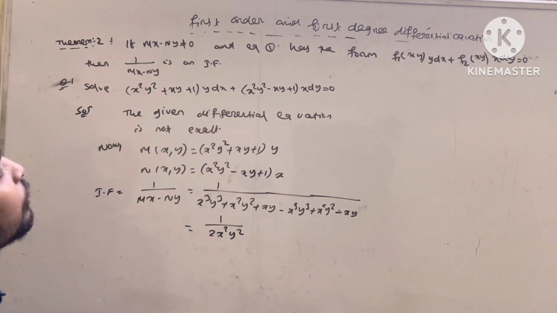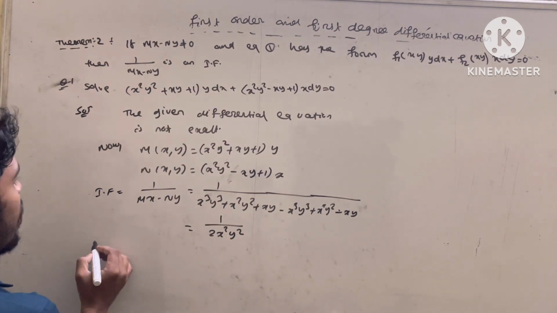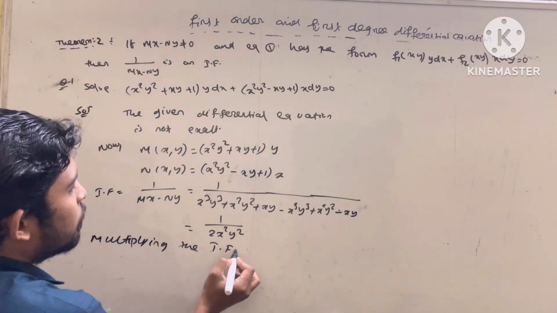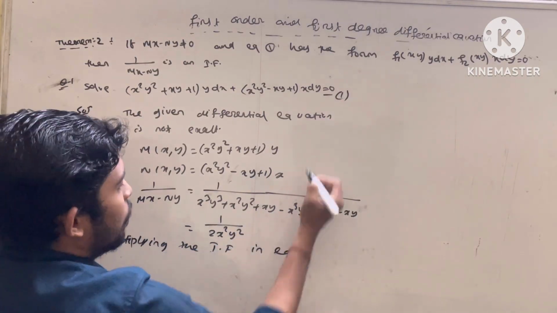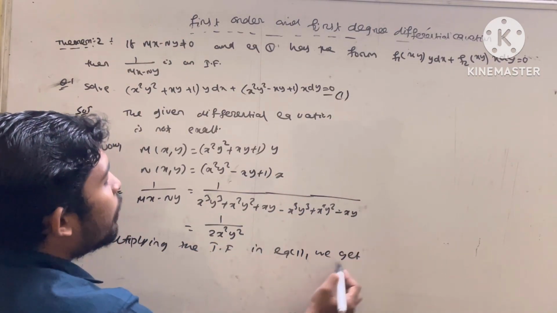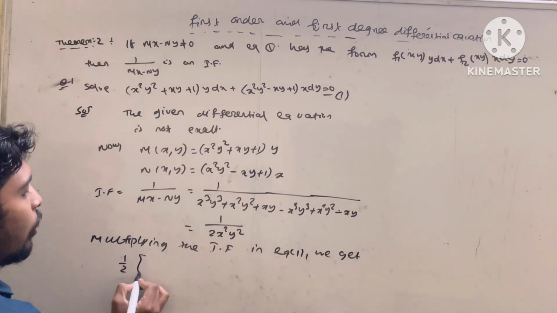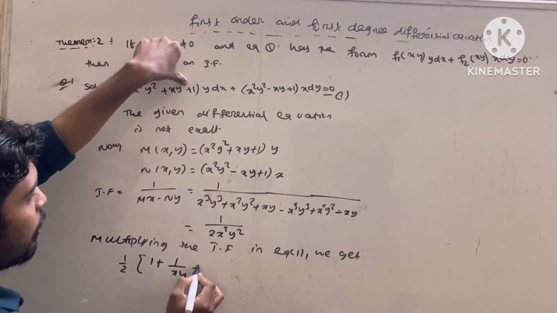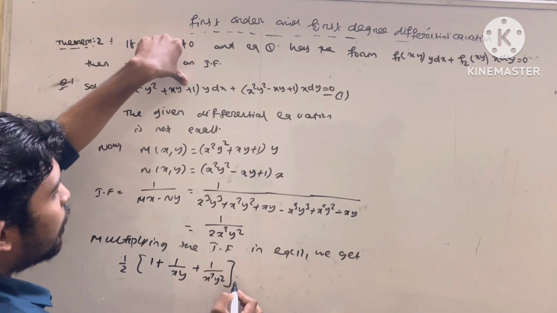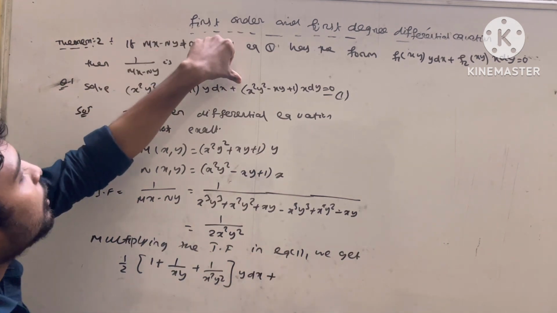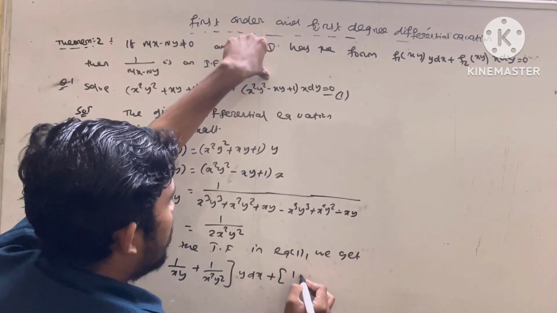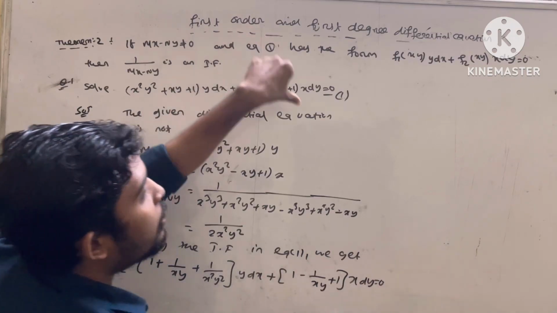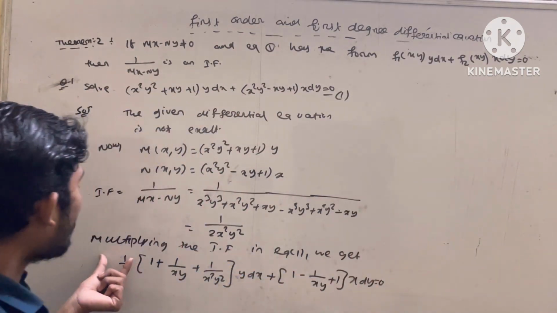Multiplying this into the given differential equation, multiplying the integrating factor in equation 1, we get 1 by 2 x square y square times (1 plus 1 by xy plus 1 by x square y square) y dx plus (1 minus 1 by xy plus 1 by x square y square) x dy equal to 0. So now again I take the 1 by 2 aside.